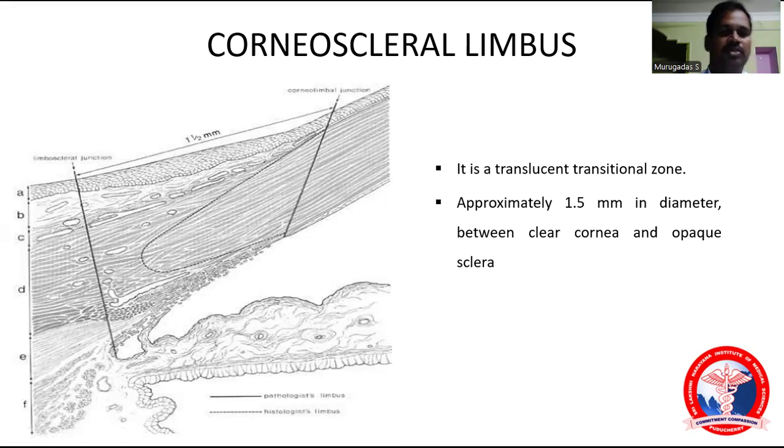You can see in the diagram the posterior limit of the cornea merging with the sclera. This is considered the end of the cornea and this the start of the sclera. In between is the corneoscleral limbus, which measures around 1.5 millimeter.